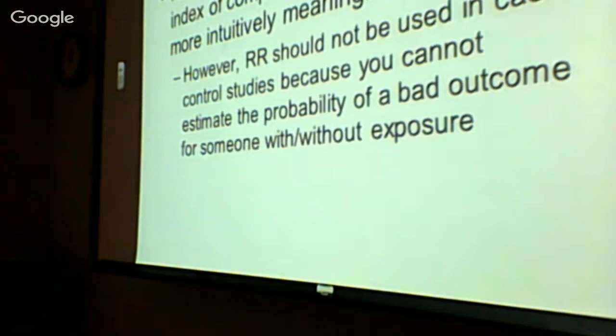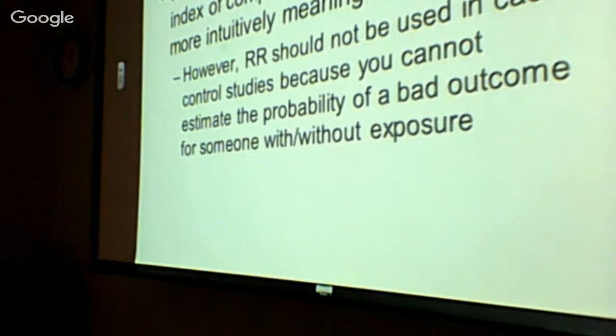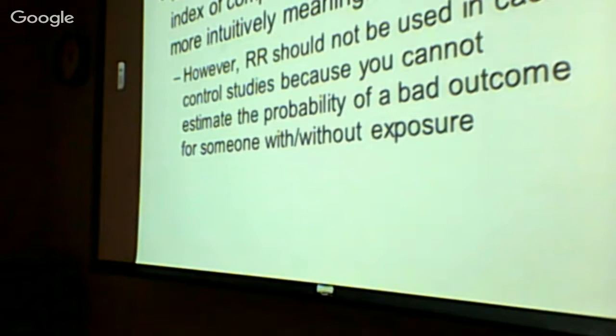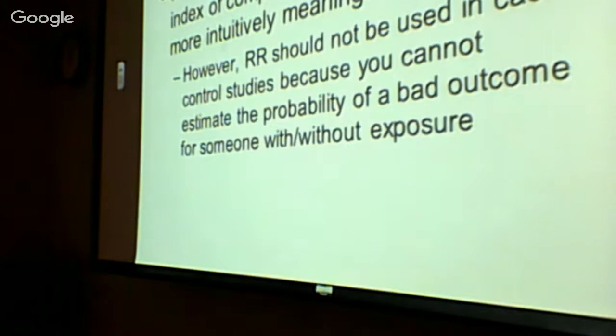We say the risk of getting this outcome if you're exposed to this thing is greater than if you weren't exposed, with the understanding that even if you weren't exposed, your chance of getting the disease is not zero. For example, if you don't smoke, you still have a chance of getting lung cancer. But if you do smoke, your risk of getting it is greater, relatively.